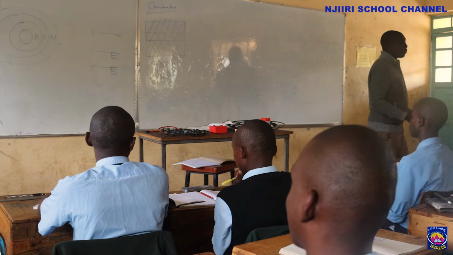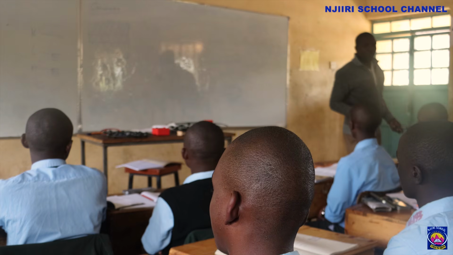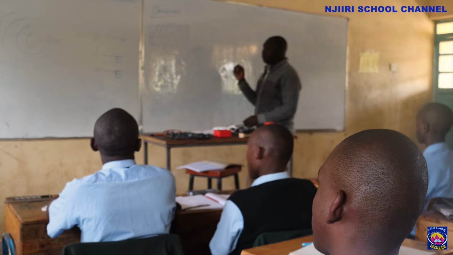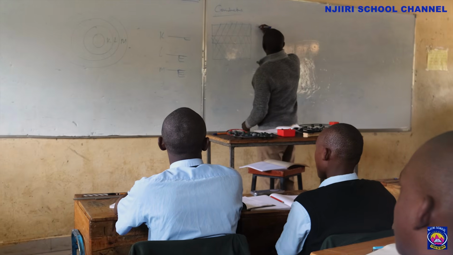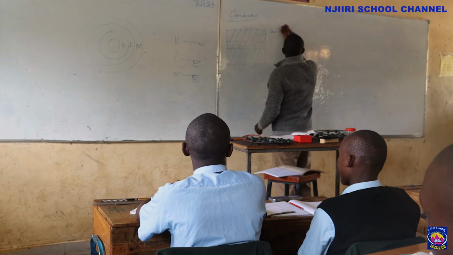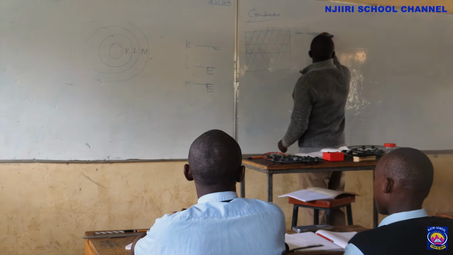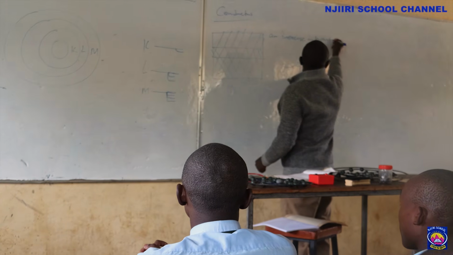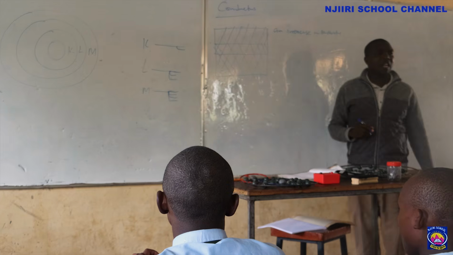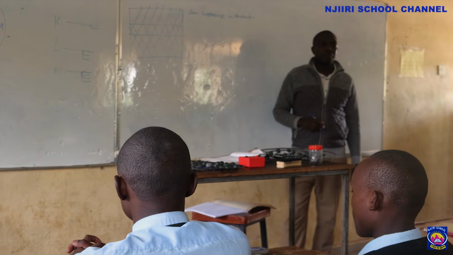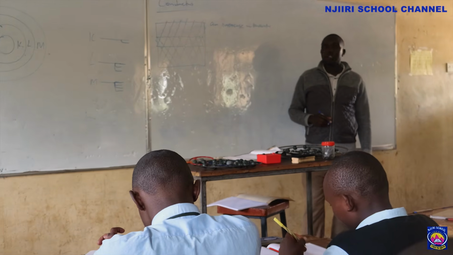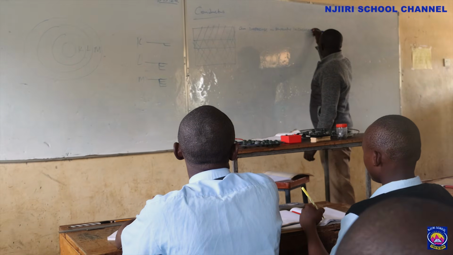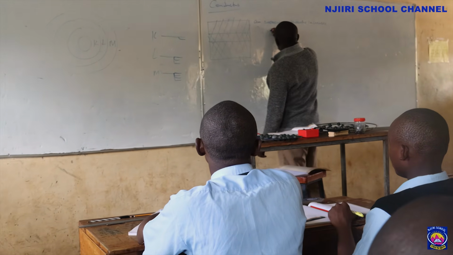What will happen? They will oppose that flow of electrons. That's why we say that for conductors, an increase in temperature increases the resistance of the conductor.